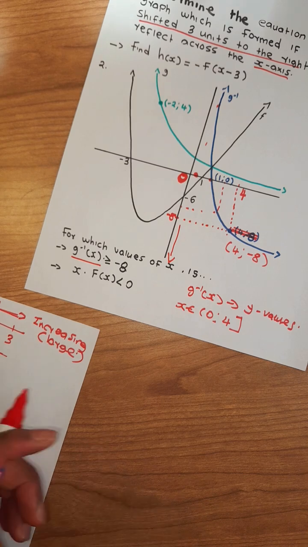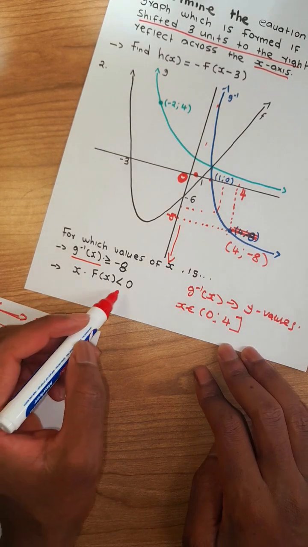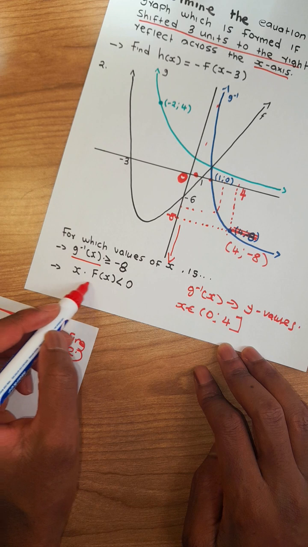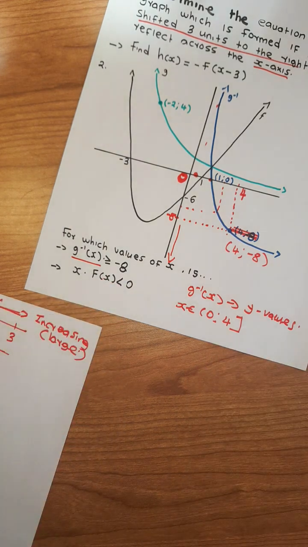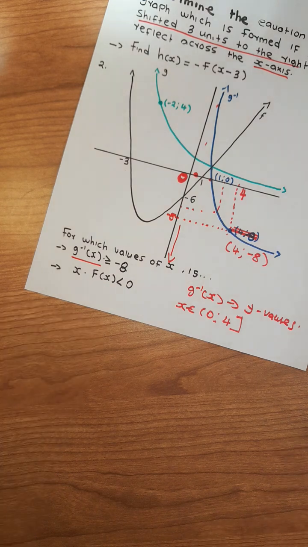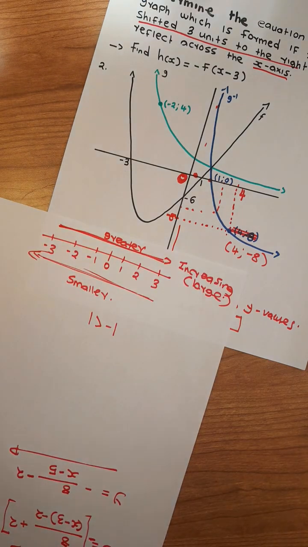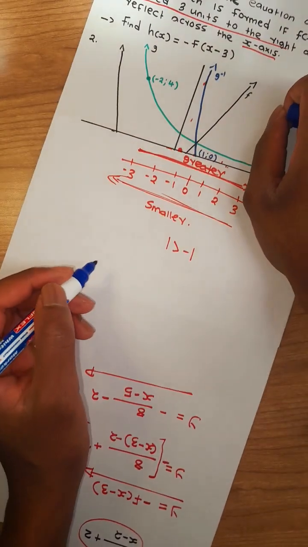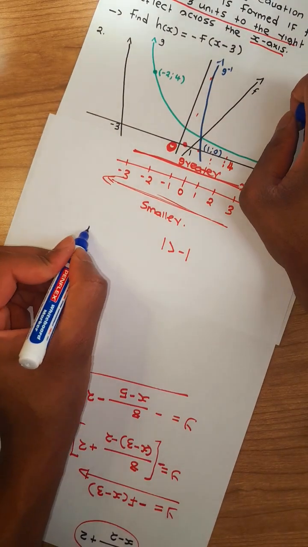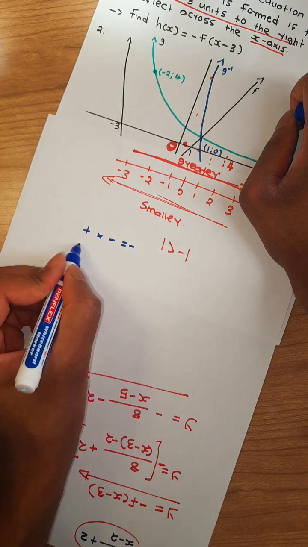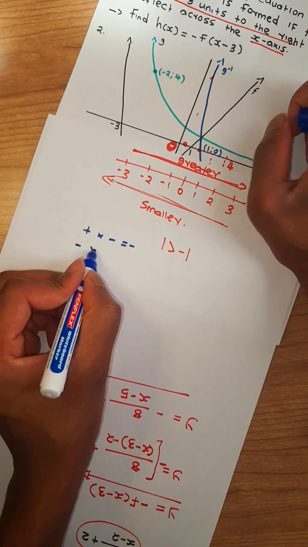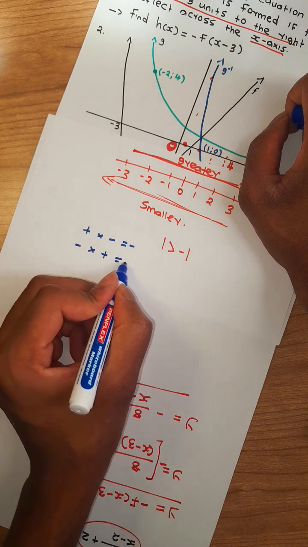Okay, they ask us, where on this graph is x multiplied by f at x less than 0? For those of you who attended the live session, let's look at something. If you have a positive and you multiply it by a negative, you get a negative. If you have a negative, you multiply it with a positive, you get a negative.